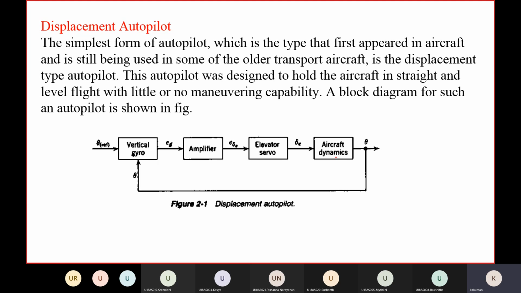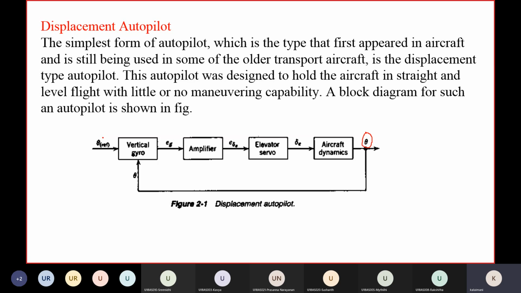The main thing is, once you engage steady level flight, the displacement autopilot will hold the aircraft in steady level flight. Whenever any disturbance occurs and theta varies, it will be sensed by the vertical gyro and compared with your reference.